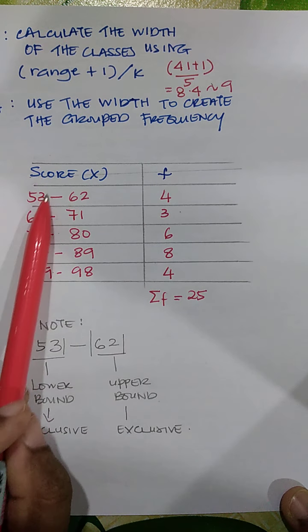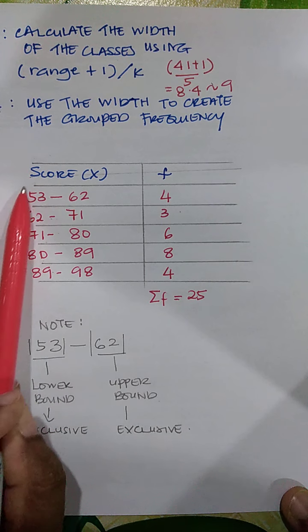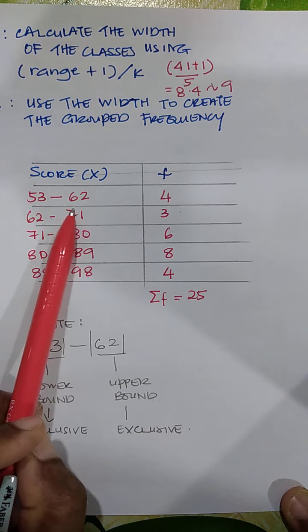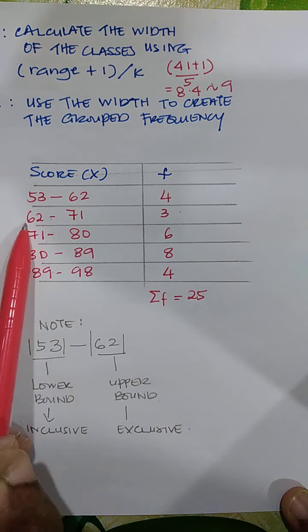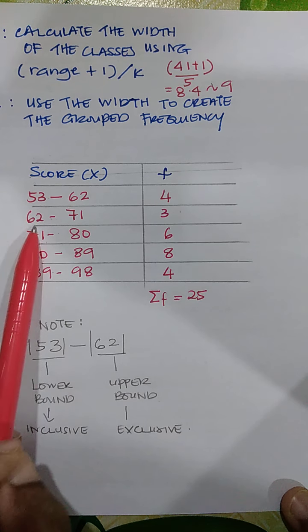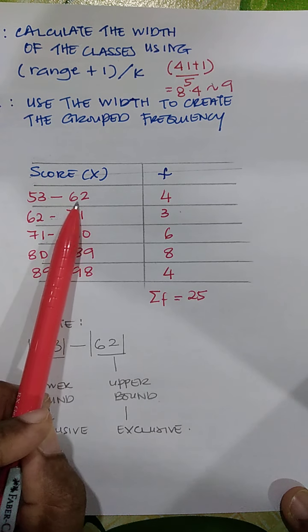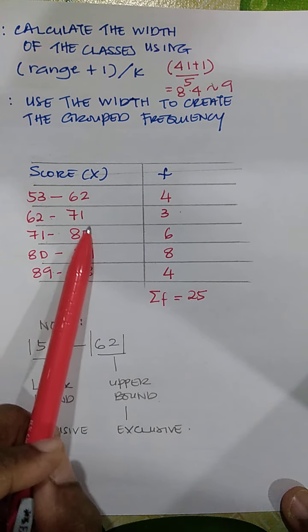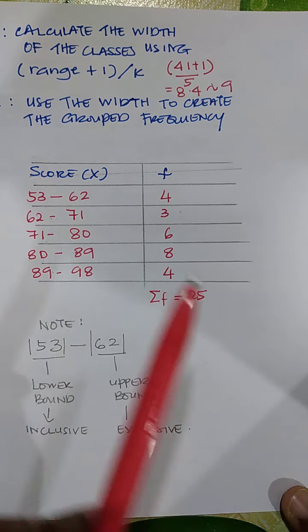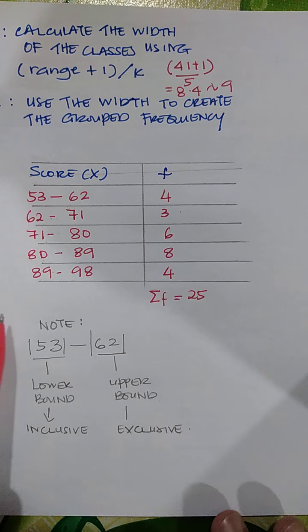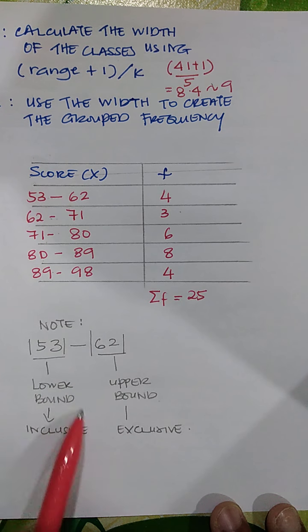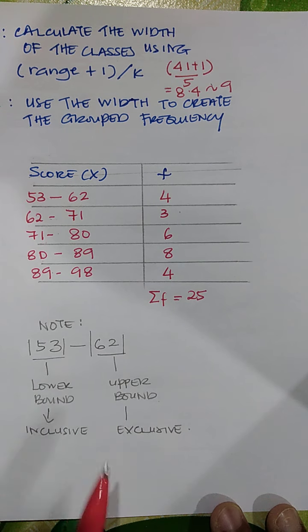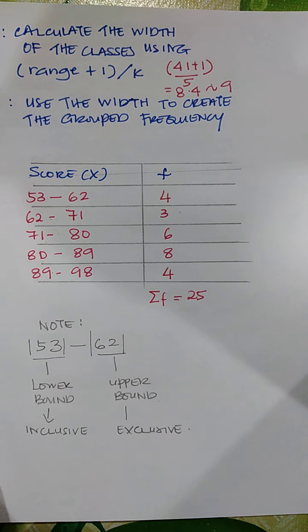Here we include 53 onwards until 61. 62 is inclusive here, 62 until 70, and then 71 until 79. That is what we mean by the lower bound and upper bound, the inclusive and exclusive values. Hope it was clear. Thank you.